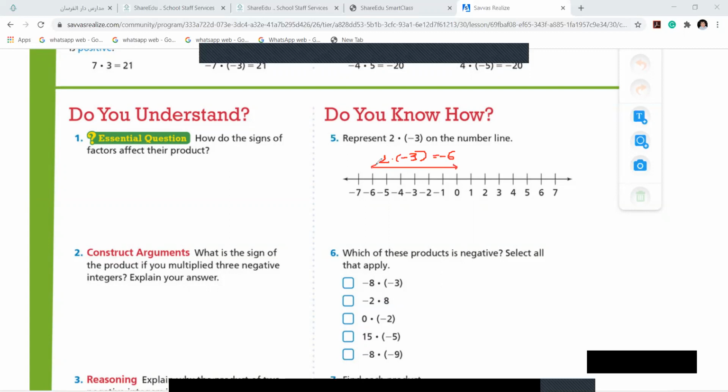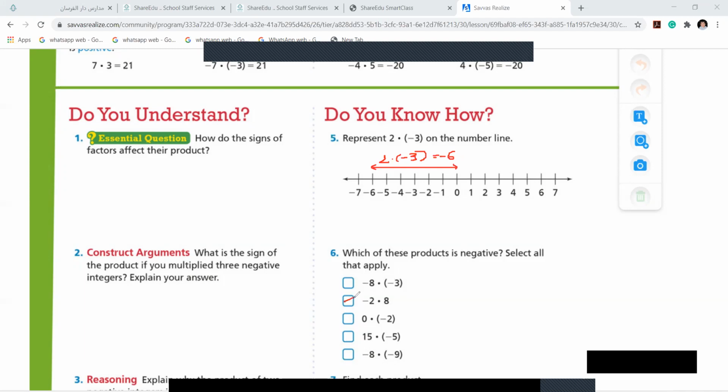Is Majduleen there with me? Thank you for attending my class, Majduleen. Majduleen, question number 6, can you solve with me? Which of these products is negative? In which of these do you get a negative answer? First one, do you get a negative answer? No. Second one?